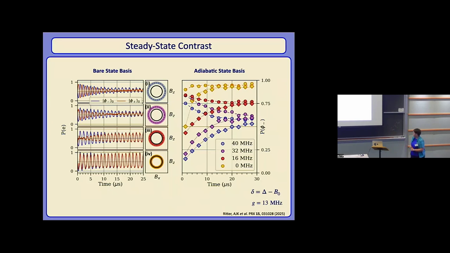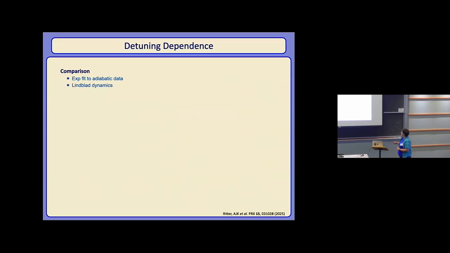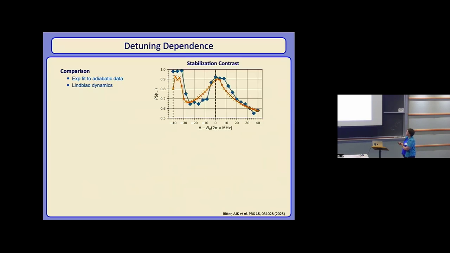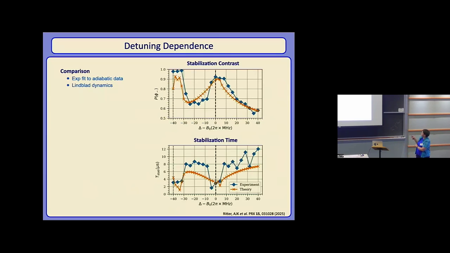Yes, okay. And so to look a little bit more quantitatively at the detuning dependence, what we did was we compared exponential fits to the data on the previous slide to Lindblad time dynamics, and we can look at both the steady state contrast and the stabilization time.